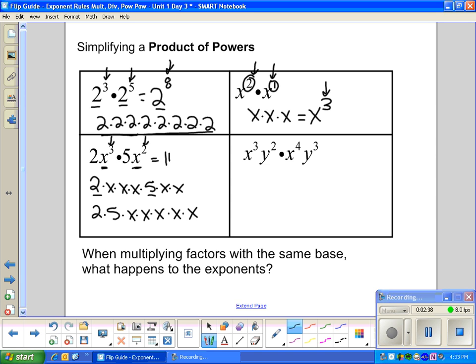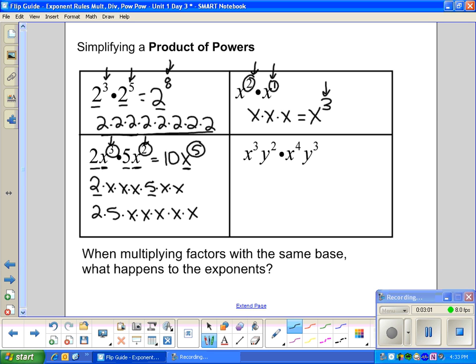So I'll end up with 10 x to the fifth power. And you'll notice that I kept my base the same. Okay, my base is x, and I ended up adding the exponents because 3 plus 2 is 5. Right? I still multiplied my coefficients like normal.